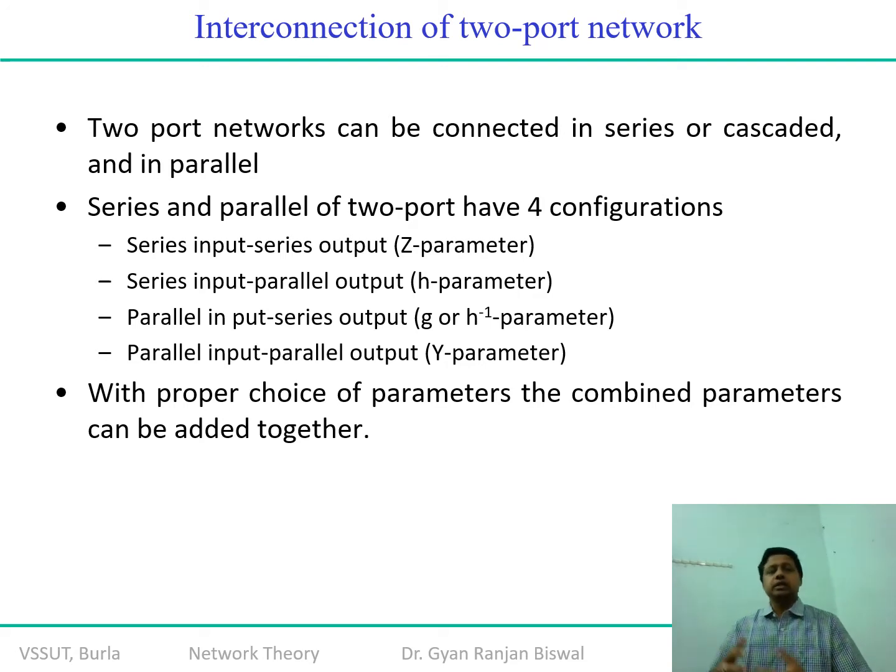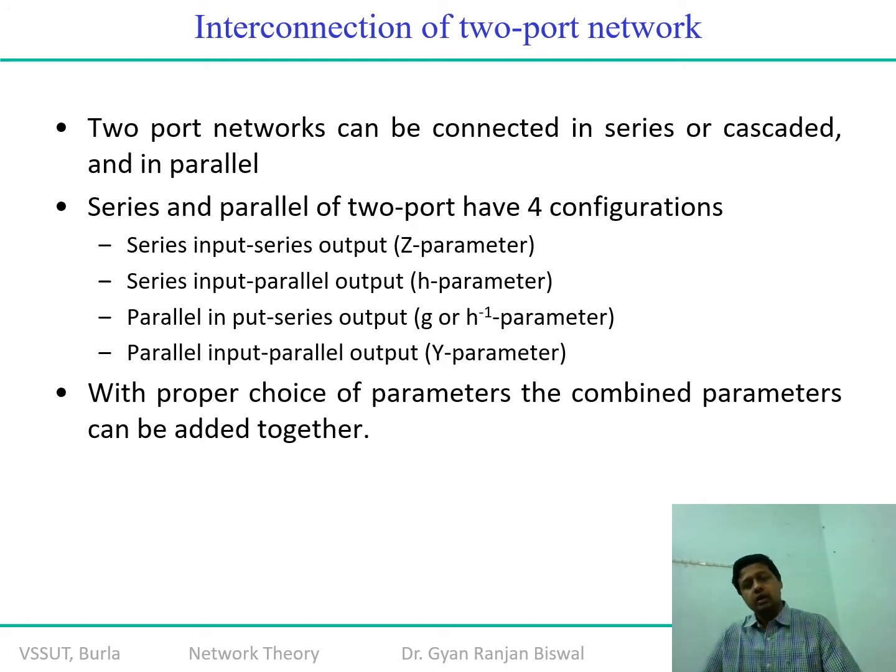As far as any typical two-port network is concerned, it can be connected in a serial or cascade manner, technically the same, or in a parallel manner. With these two possibilities, 2 raised to 2, you get a maximum of four different possibilities. One is serial in and serial out.